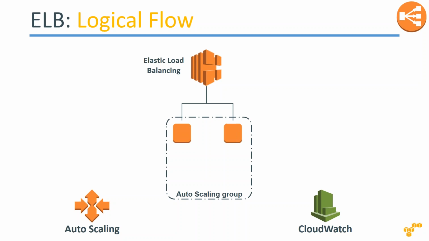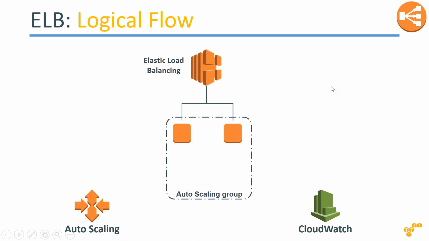We also configured CloudWatch metrics. In other words, it measures your CPU and whether the health of the machine is good. And auto scaling is also measuring the same thing using CloudWatch and having its own checks. And remember, ELB also has its own checks. It also talks to auto scaling. It also talks to CloudWatch. So all of them talk to each other.